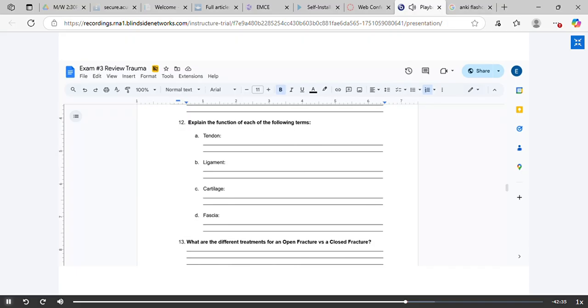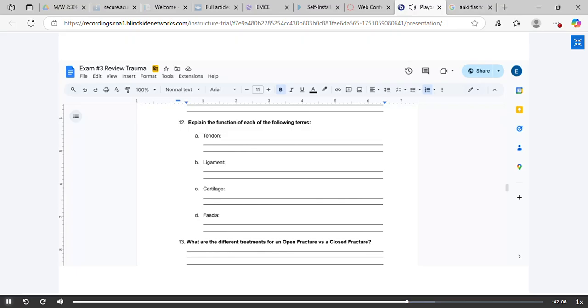So those are different. Cartilage is going to be that smooth connective tissue that forms the support structure of your skeletal system and provides cushioning between the bones. Okay. And then fascia is a fiber-like connective tissue that covers a lot of different things in our body: arteries, veins, tendons, ligaments.